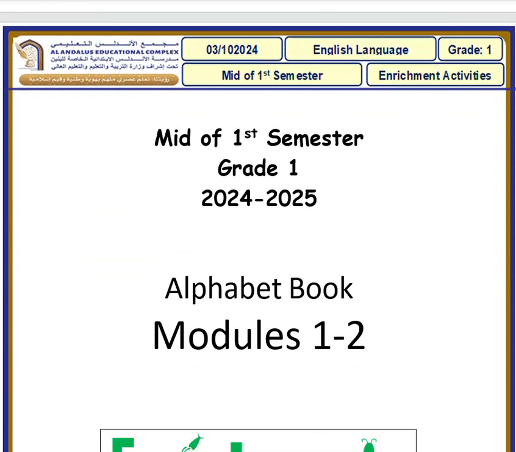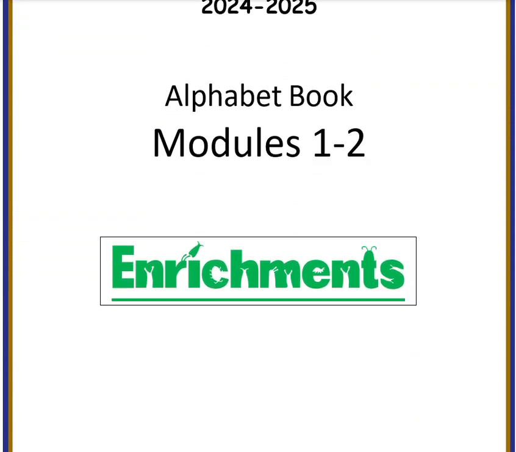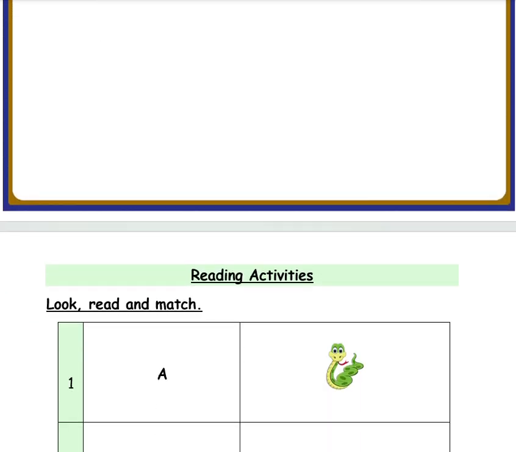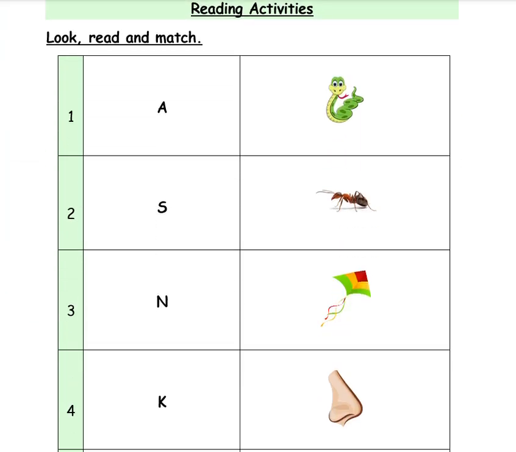Here we come to the second part of the enrichment, which has to do with reading activities. As you can see here, we have a matching activity. Look, read, and match. We have here letters. We have to match them to the correct picture. A goes to ant.